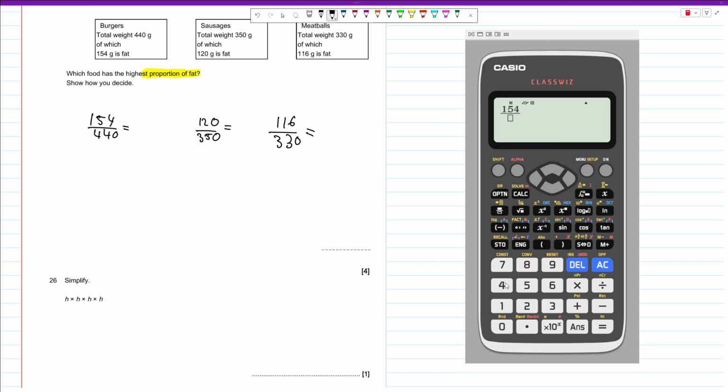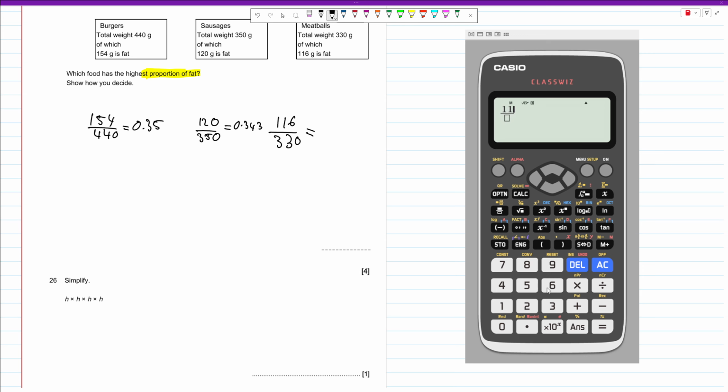154 divided by 440, 0.35. 120 divided by 350 gives me 0.343, rounding to 3 decimal places.